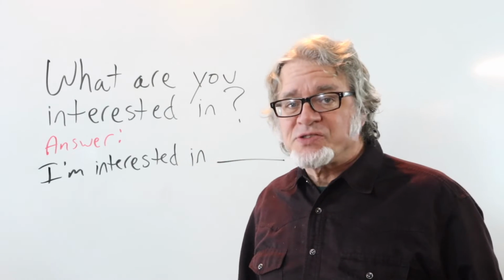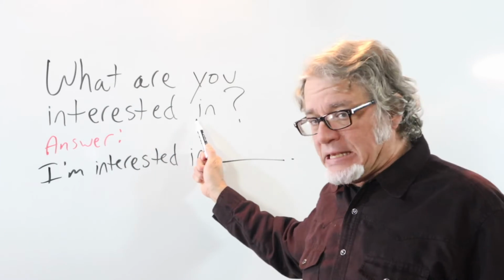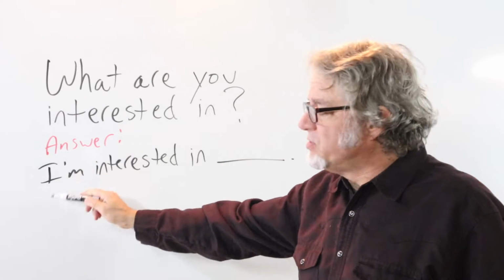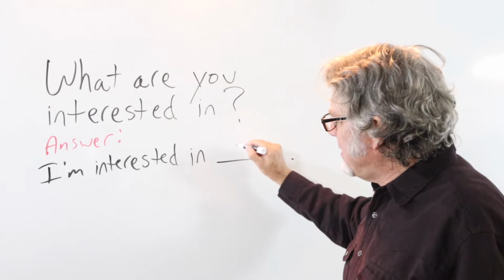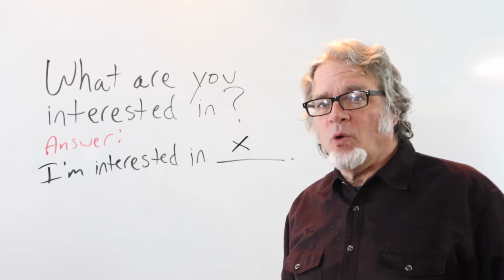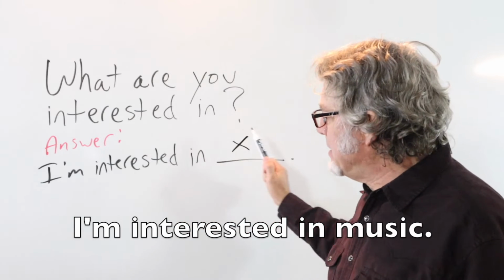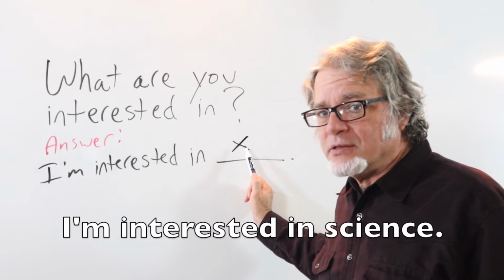If someone asks you this question, what are you interested in? Then your answer is, I'm interested in, and then this is the area or the topic. I'm interested in music. I'm interested in science.